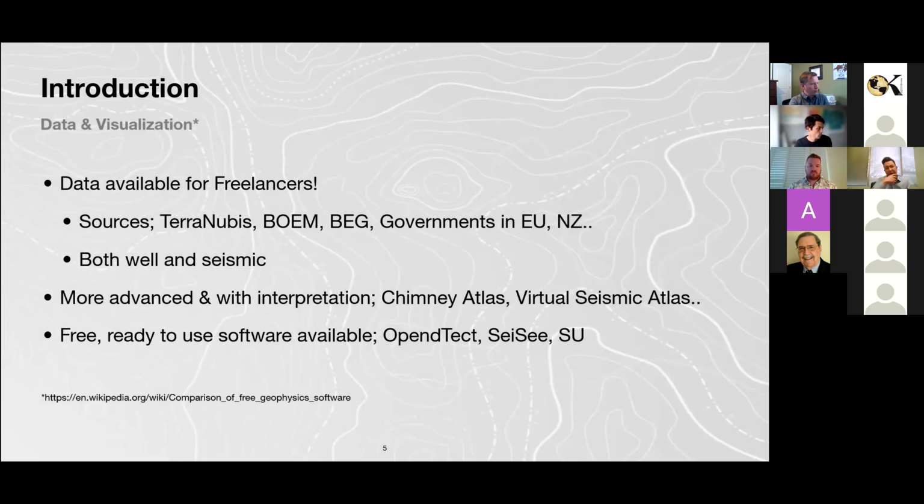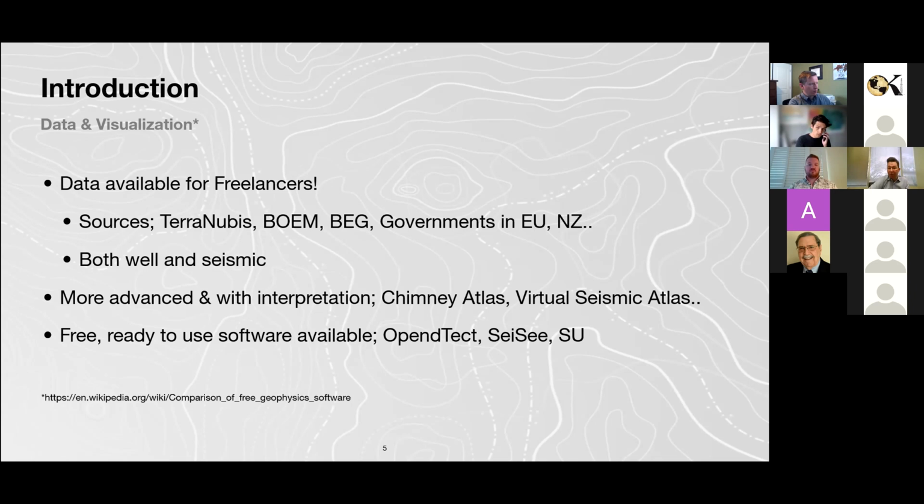Now, if we start with data and visualization, Ashley's presentation already talked about the data sets that are available from their side. There is a whole bunch of sources you can use for getting free or open domain data. What we do at dGB is host something called Terranubis.